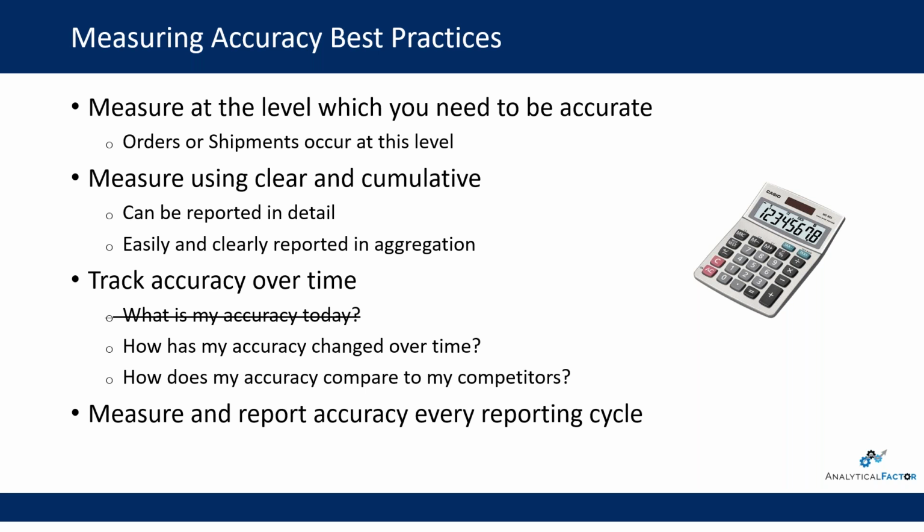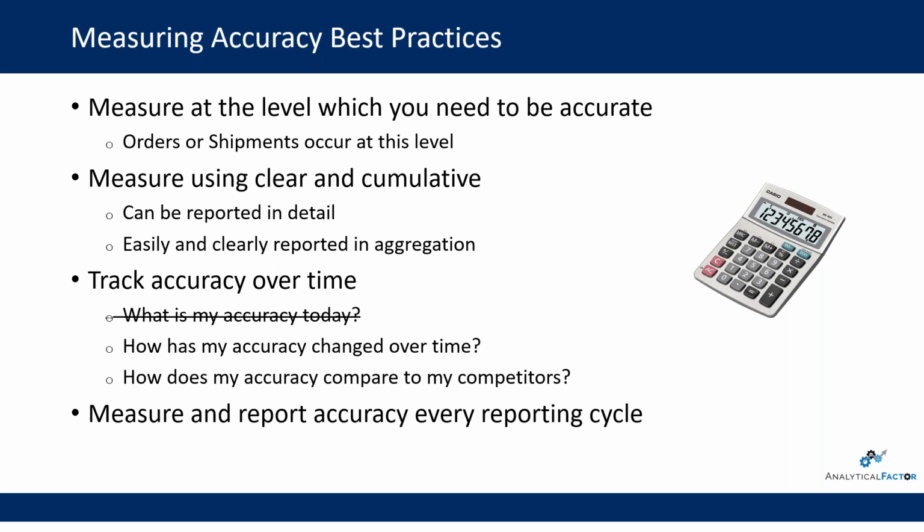Product, location, and time. Wherever you actually need to make sure there's inventory in the warehouse to make a shipment, or you need to make sure the truck arrives at the customer's site when it was requested, that level is where you need to measure accuracy.